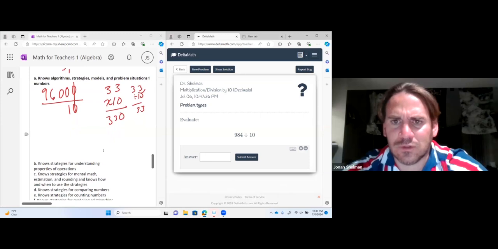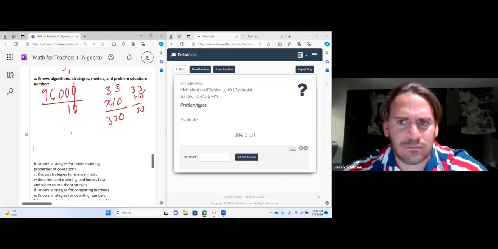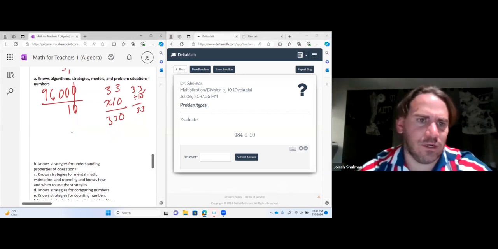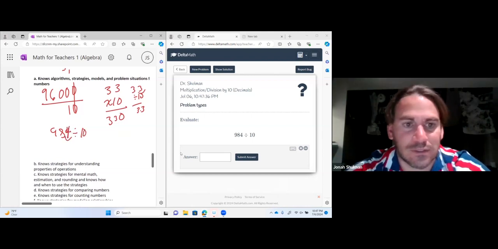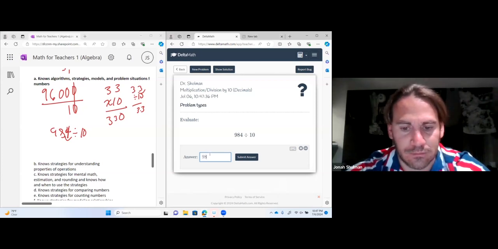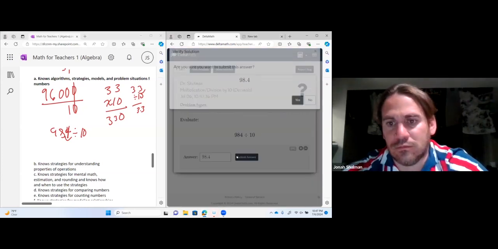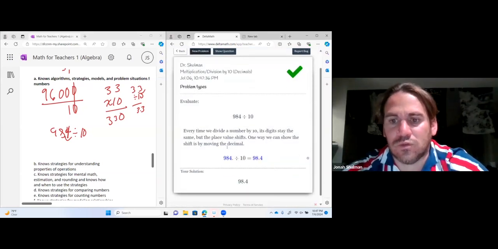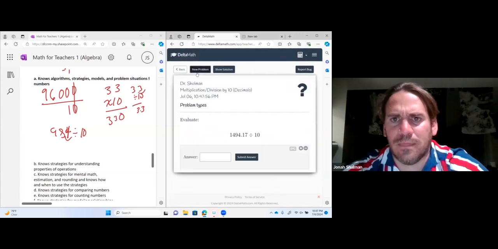So let's do one with decimals. All right, so we have 984 divided by 10, we just move the decimal place. That's 98.4. Sweet. Let's do one more.